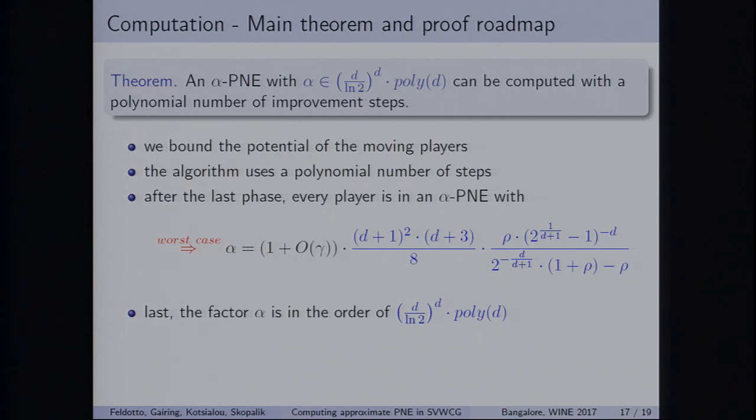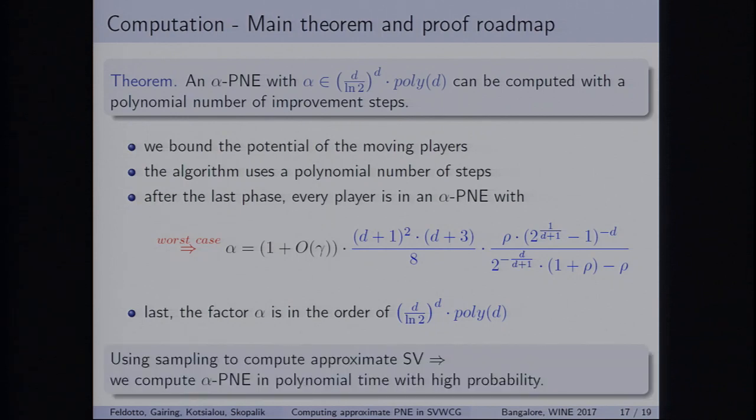However, until now, we have an algorithm that is polynomial in the number of improvement steps. But in each improvement step, we may have to compute multiple Shapley values for one player. But to compute that, we know that it's computationally hard.